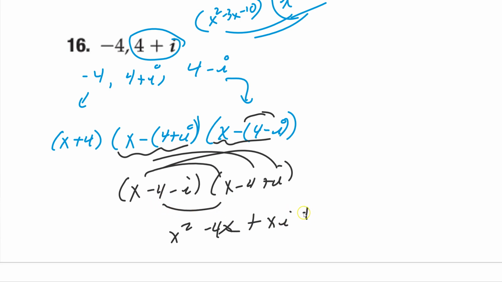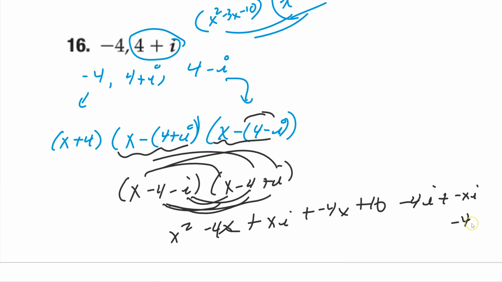Then these, minus 4x plus 16 minus 4i. And then finally the i. So minus xi, minus 4i plus 4i, two negatives, and then minus i squared. i squared is a negative 1, so this becomes a positive 1.